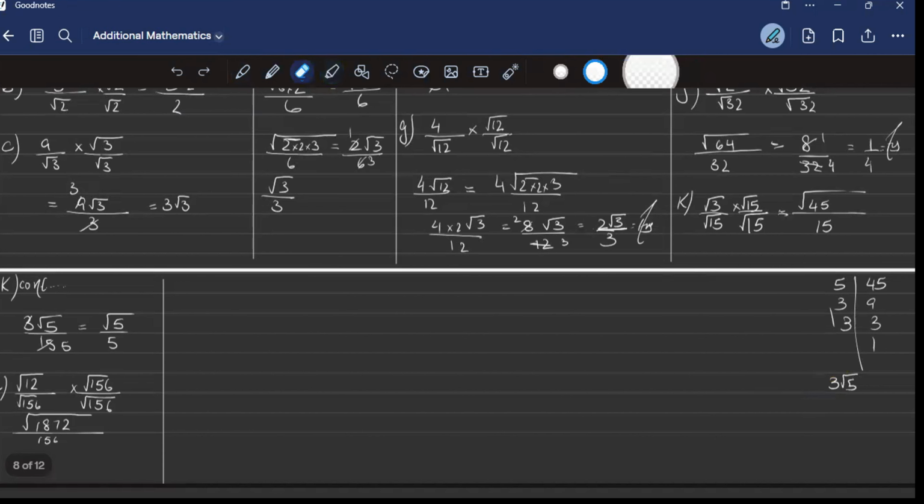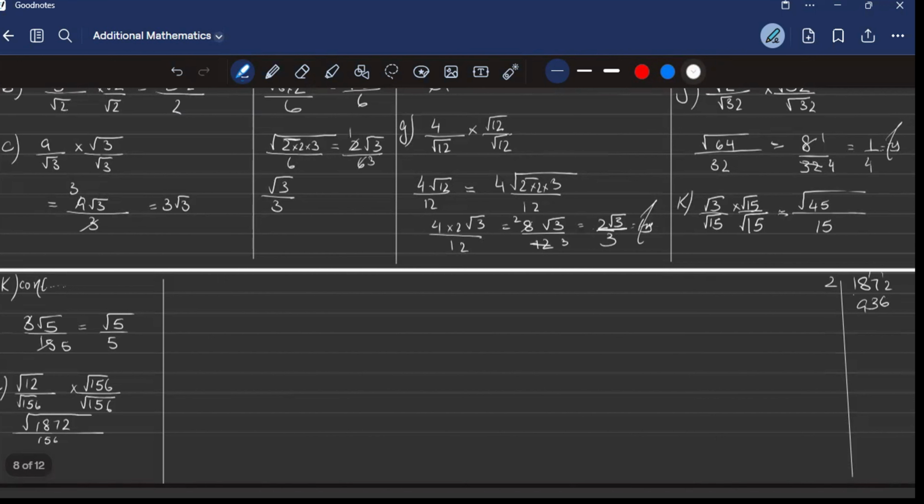Now what I'm going to do is find the prime factors for 1872. So basically, this is going to be a long one. 1872 divided by 2 is 936.